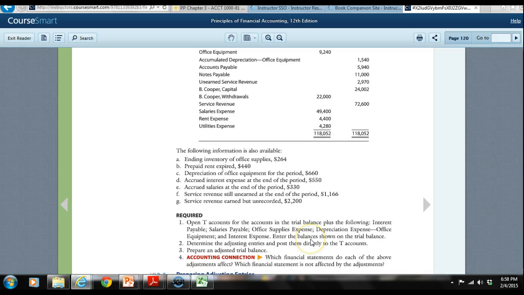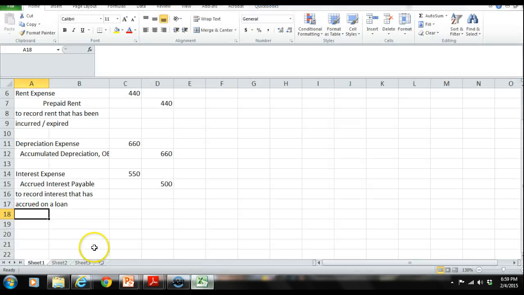Next, E says accrued salaries at the end of the period, $330. What that means to me is salaries that have been earned, that are an expense now, but we haven't paid them. Okay? So what do you think our debit's going to be? Salary expense of $330.